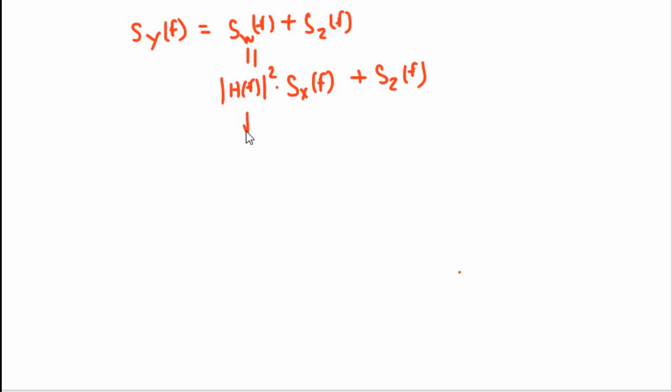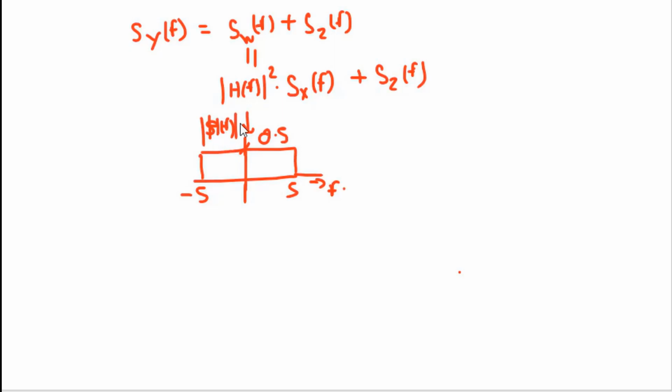H of f is defined by 0.5, that is magnitude is 0.5 from -5 to 5, where this is H of f and this is the f axis.